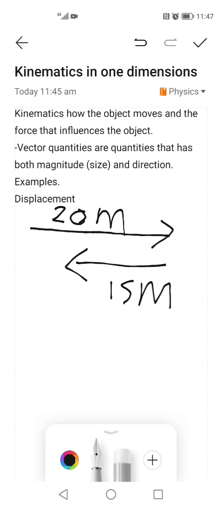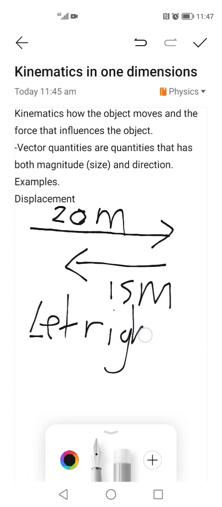Then what you are simply going to do is choose your direction. Maybe we are going to say right be positive. Then after we have chosen our direction, we just solve for the displacement.